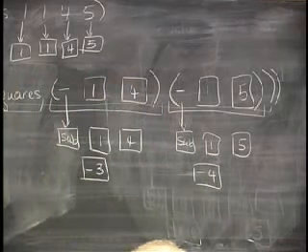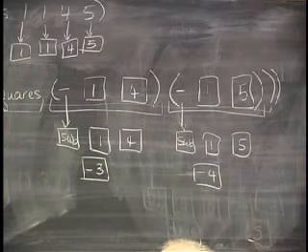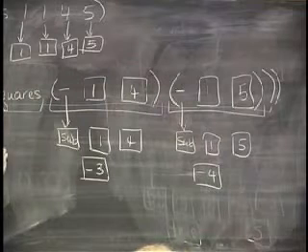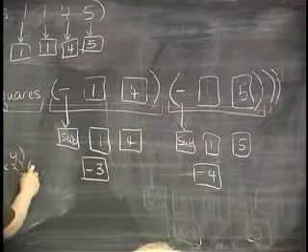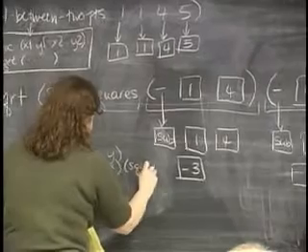Okay, and then sum squares is a procedure that takes in x and y, and adds the square of x to the square of y.